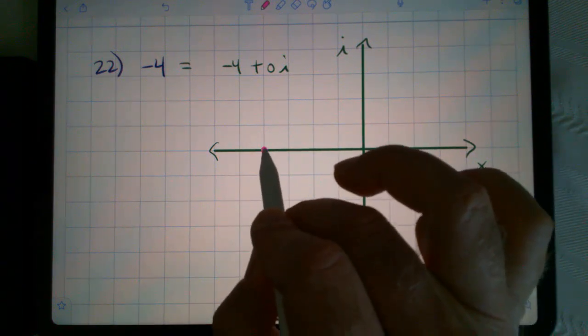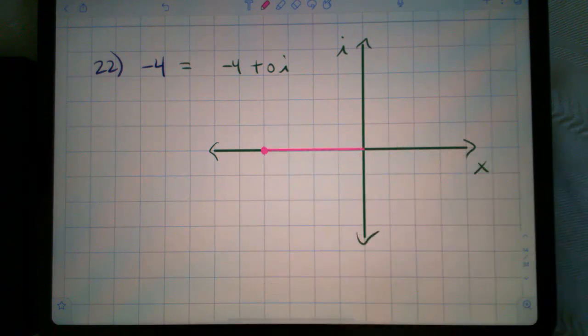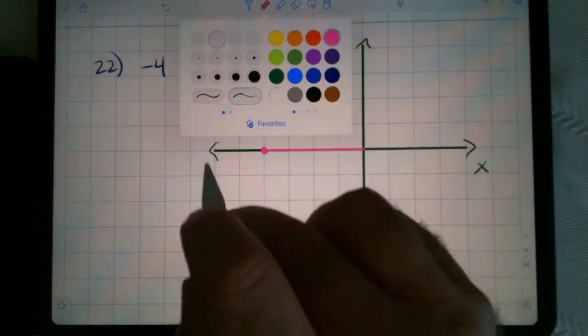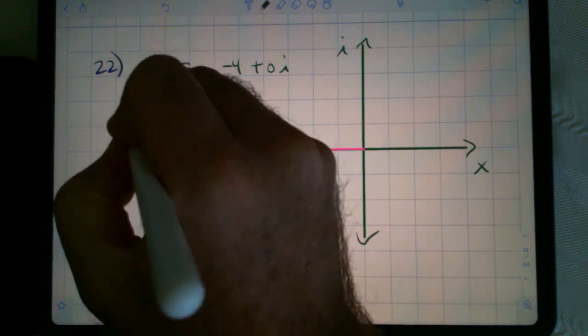The distance from there to the origin is 4. So we have the r is equal to 4.